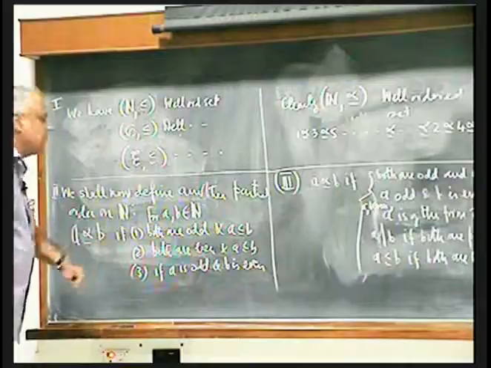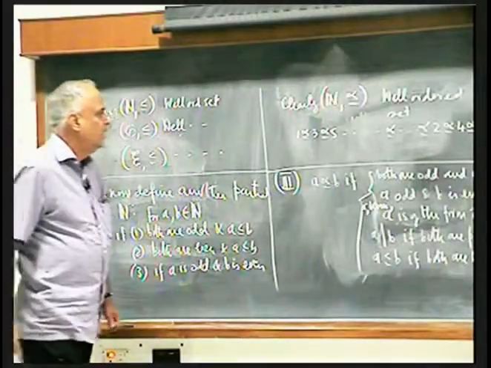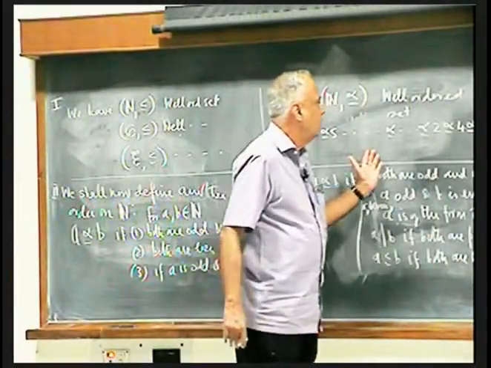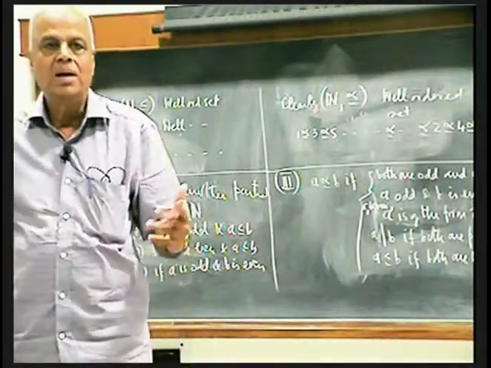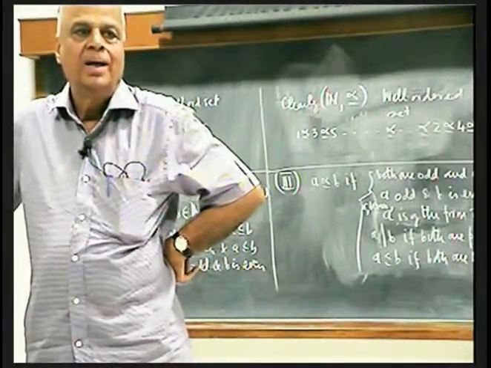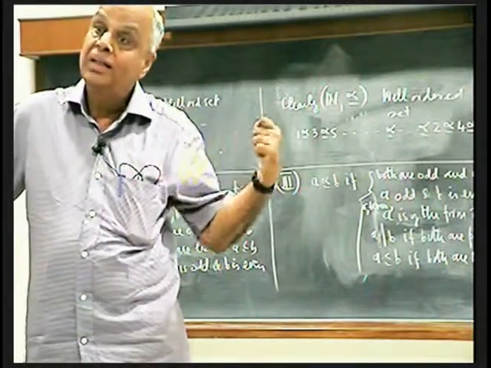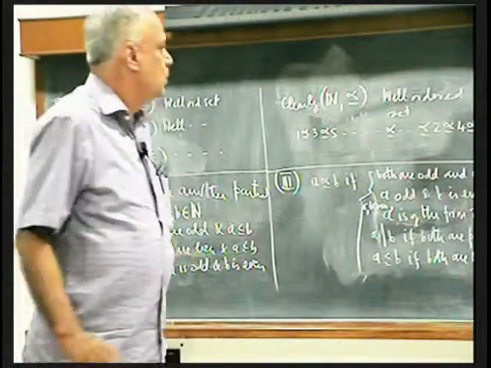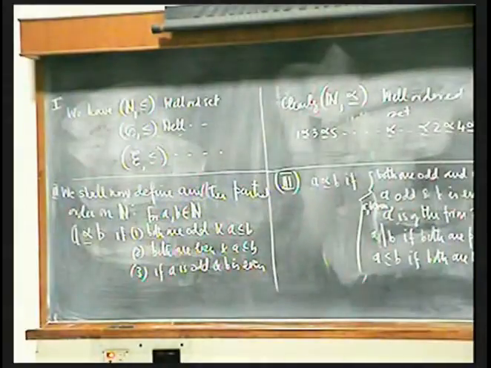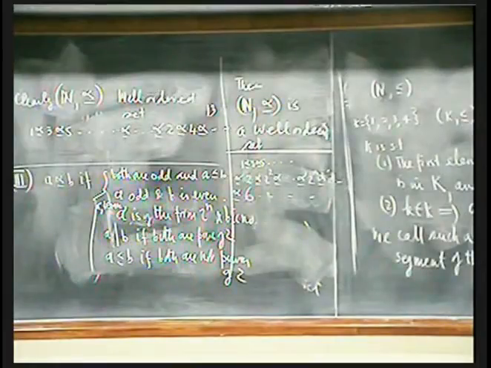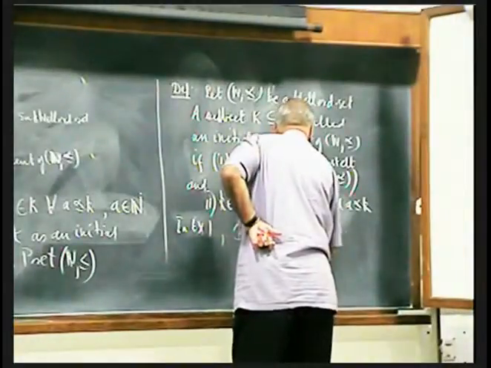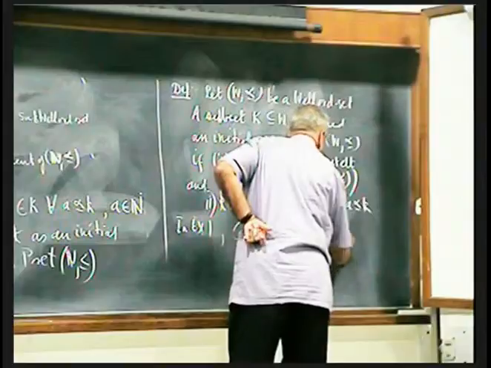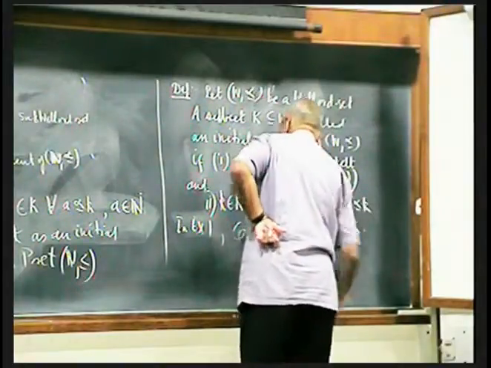So this is not an initial segment in this. Now take the second example. Now the O is an initial segment for that. The odd numbers form an initial segment in that second partial order. So here in example 1, O is not an initial segment. Okay.